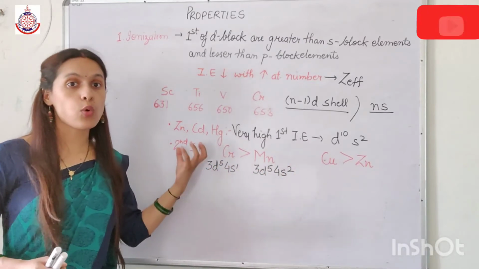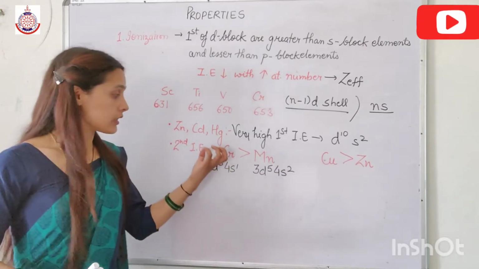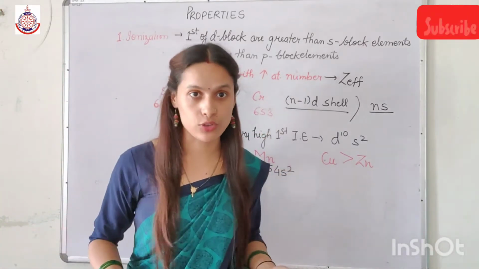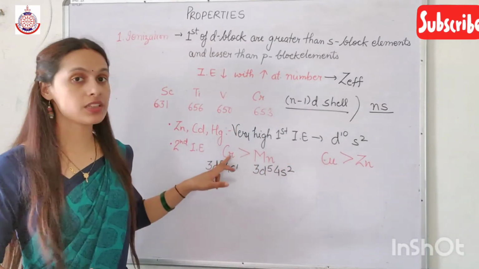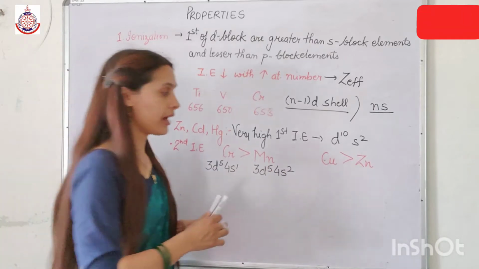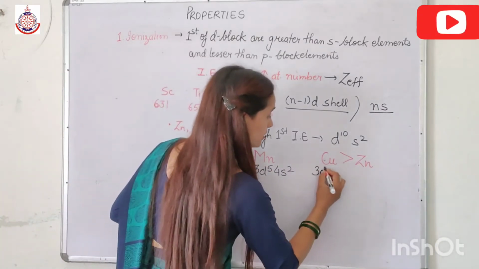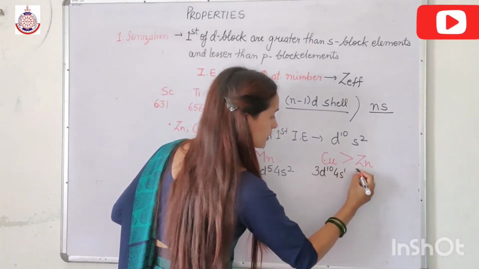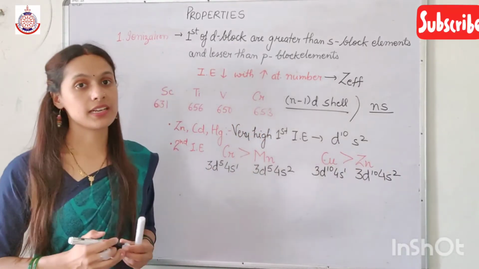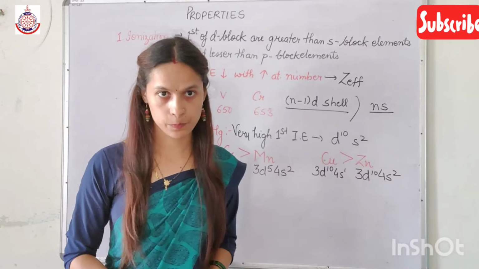So because of the more stable configuration, chromium requires more energy to release the second electron. So the second ionization enthalpy of chromium is much greater than that of manganese, and for the same reason, the second ionization enthalpy of copper is greater than that of zinc.